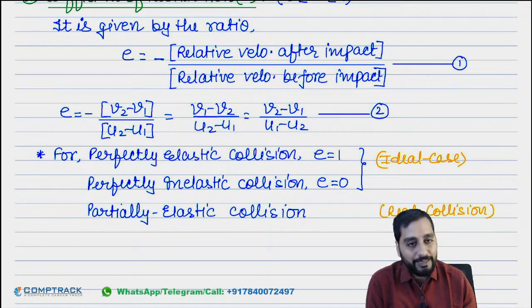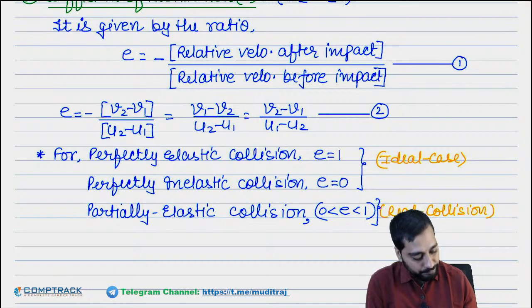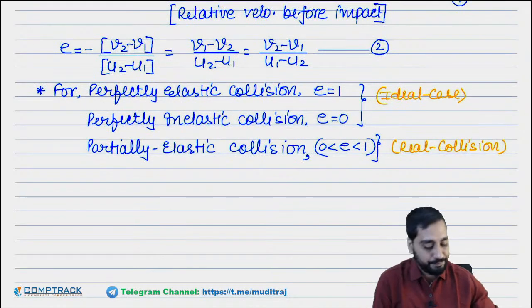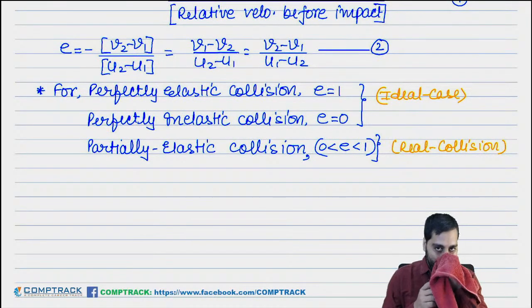Clear? So here e will be less than 1 and more than 0. So between 0 to 1 the value of e will vary like this. Everyone clear? So real collision is this. Perfectly elastic and inelastic are ideal cases.